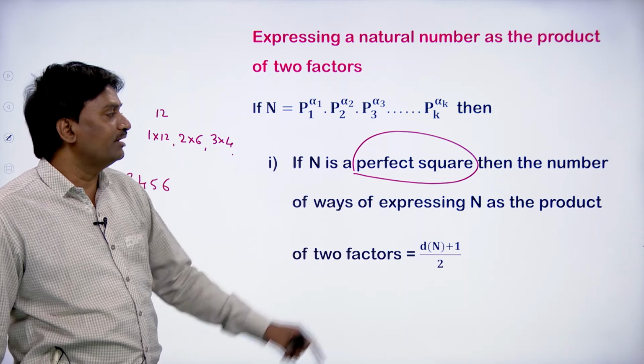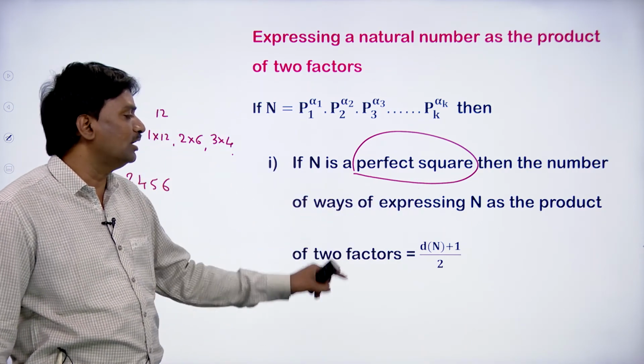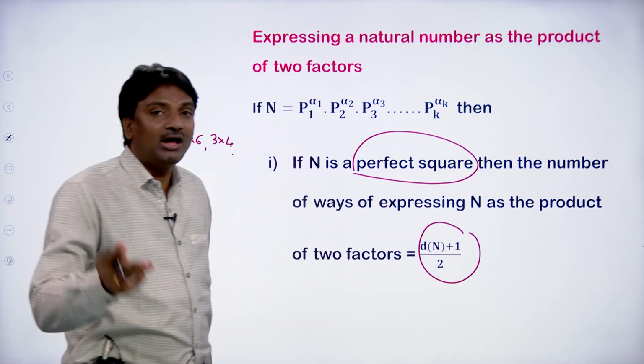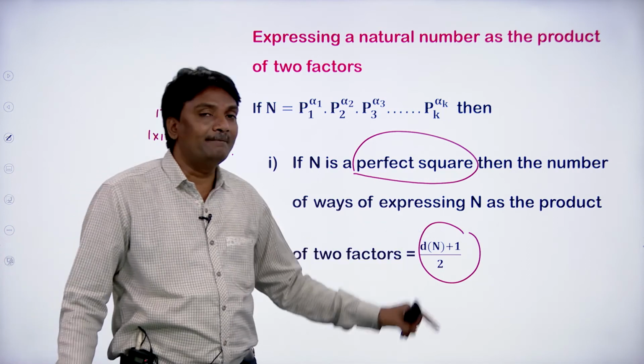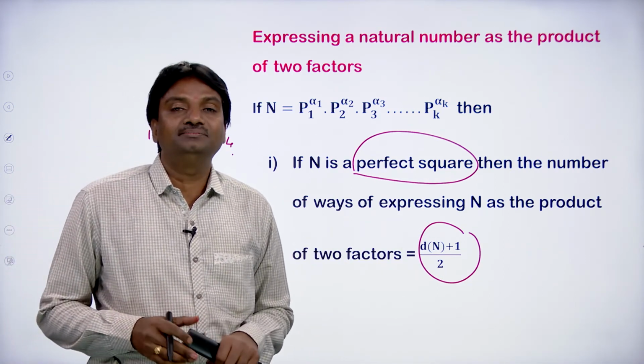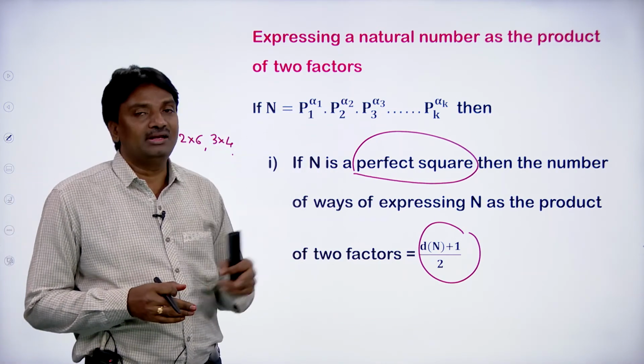If n is a perfect square, then the number of ways of expressing n as the product of two factors is (d(n) plus 1) by 2, where d(n) is nothing but the number of factors of n, as we have just discussed. How can we find the number of divisors of n? We have to express the given number like this.